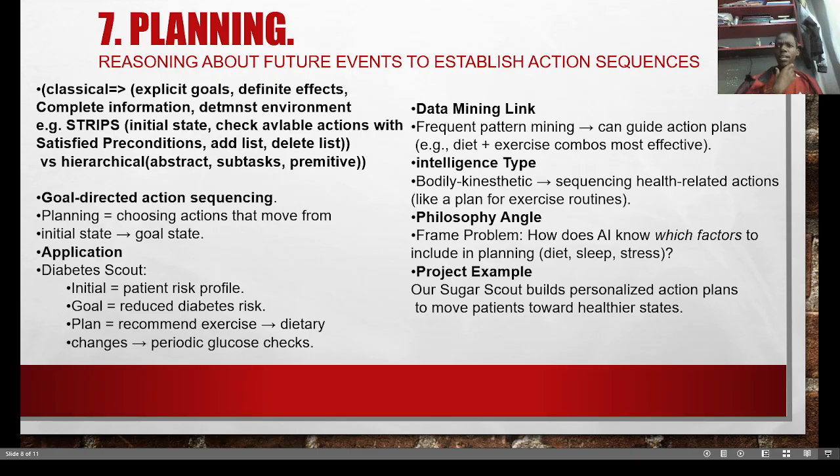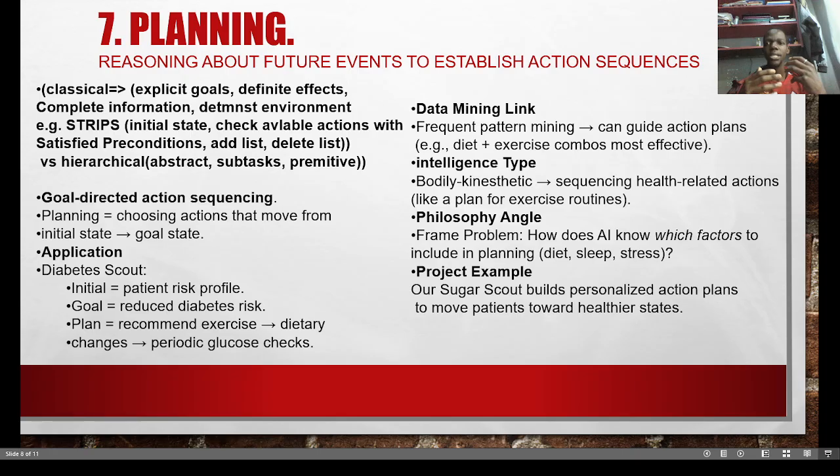An example of the classical is STRIPS, the Stanford Research Institute Problem Solver. We have the initial state, the state in which you are currently. Then we check the available actions with satisfied preconditions. Actions have preconditions: to be able to take coffee, you need to have sugar, you need boiled water, and so on.